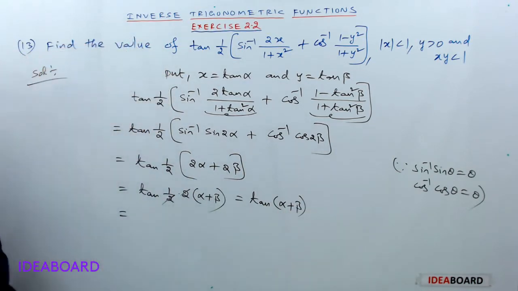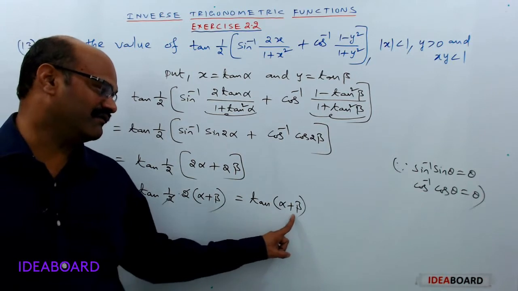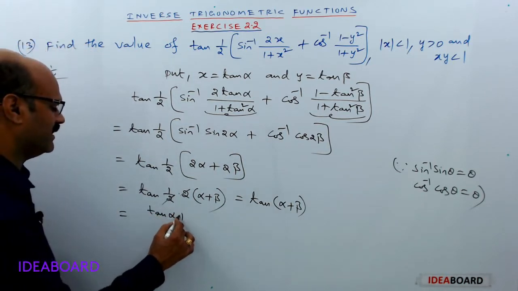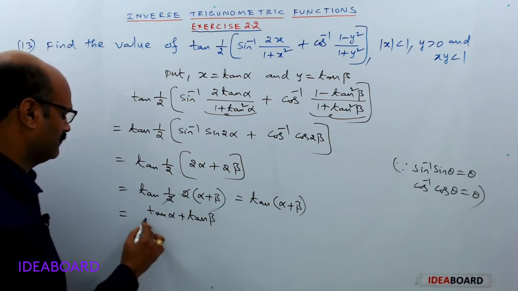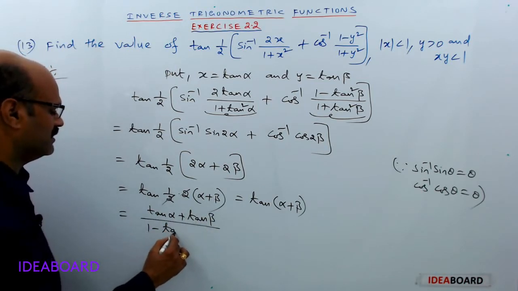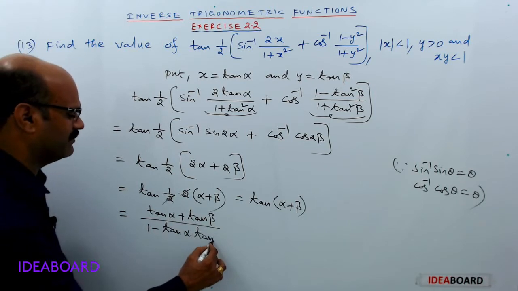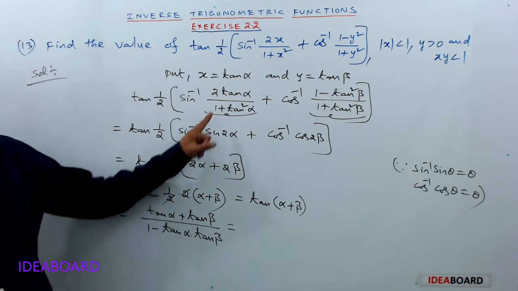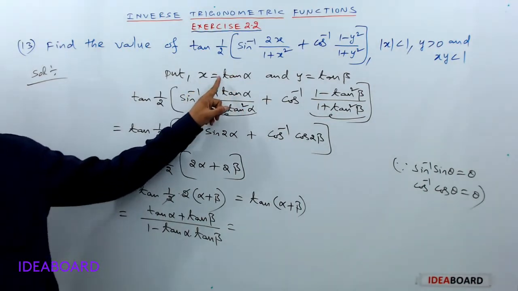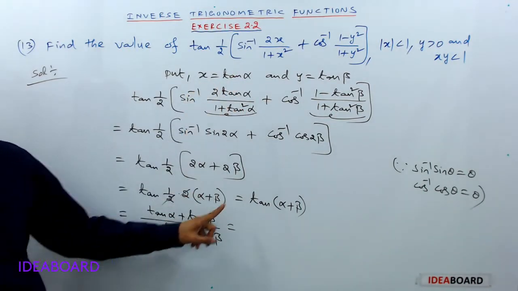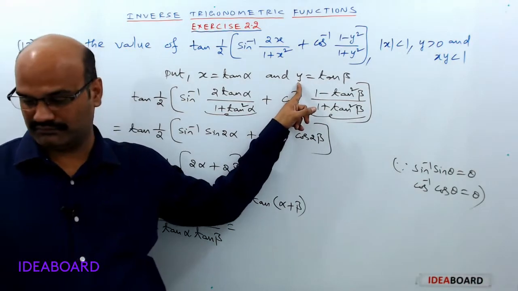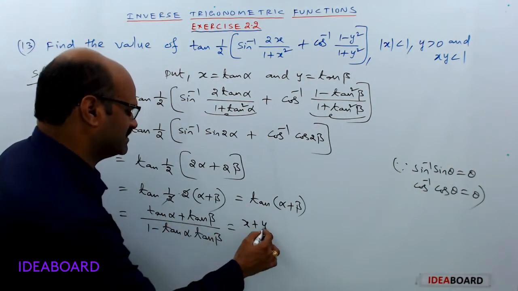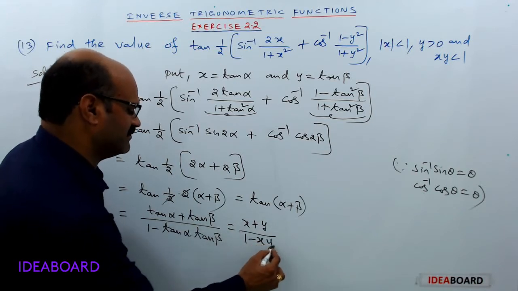Now the formula for tan of alpha plus beta equal to tan alpha plus tan beta by 1 minus tan alpha into tan beta. Tan alpha equal to x and tan beta equal to y. So, it's equal to x plus y by 1 minus xy.